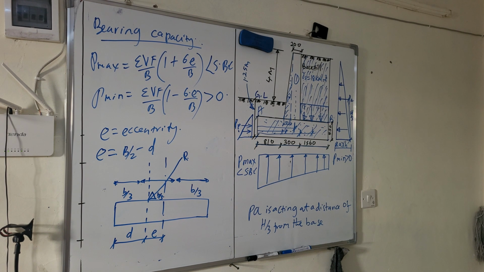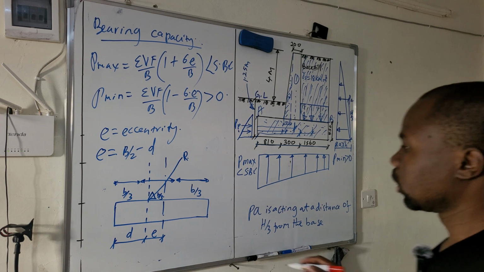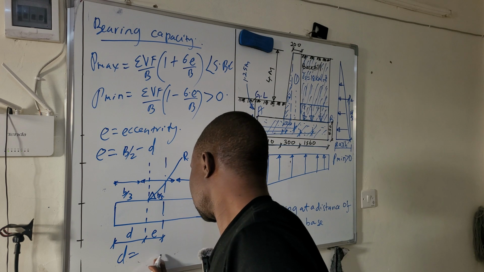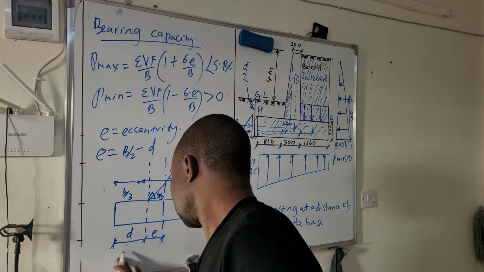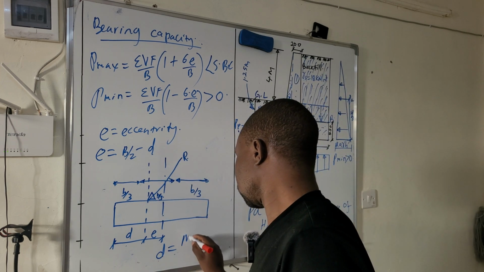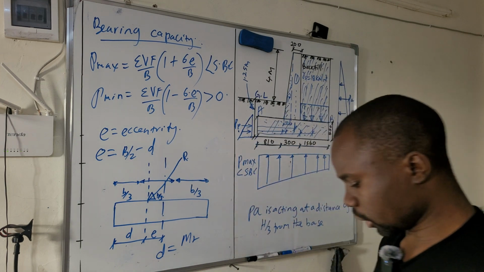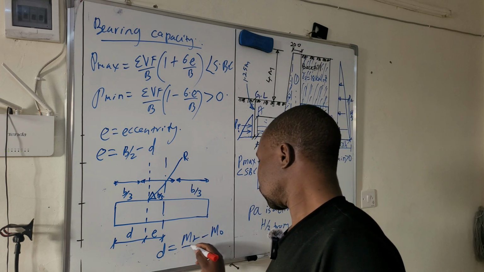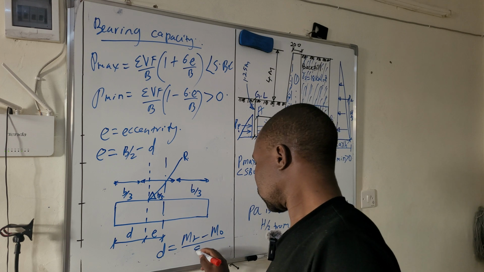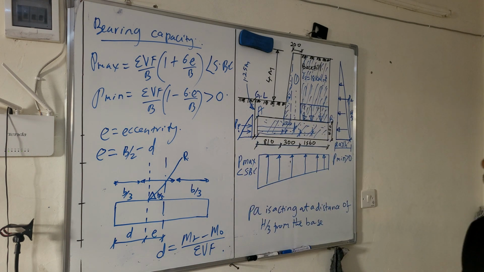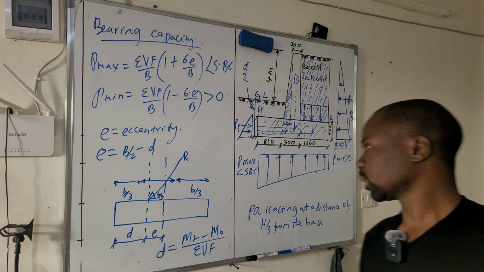So distance D is given by moment of resistance minus overturning moment over summation of vertical forces. Like that, you will get distance D.